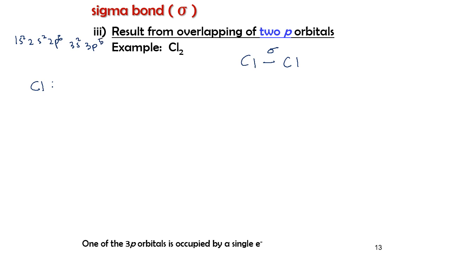You can also straight away write the valence electrons: first shell, second shell, and this is the valence. So straight away write for the valence electrons, 3s2, 3p5. This is for the chlorine atom, the first one, and then I will draw in red color for the Cl atom B.